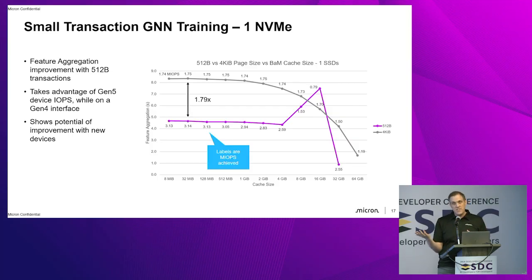So we tested a Gen 5 drive, which could do double the IOPs of a Gen 4 drive, on a Gen 4 system to purposely limit it at 4K, and then did the smaller transactions to show that, yes, in this case, it would improve if we had a Gen 4 drive that could do, let's say, double or quadruple the number of transactions at 512 than 4K. So it was more of a proof of concept rather than just saying, yes, this drive is really great for this workload. Okay. Can you explain the spike here?